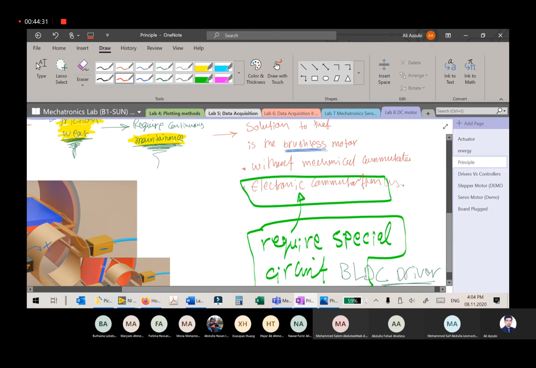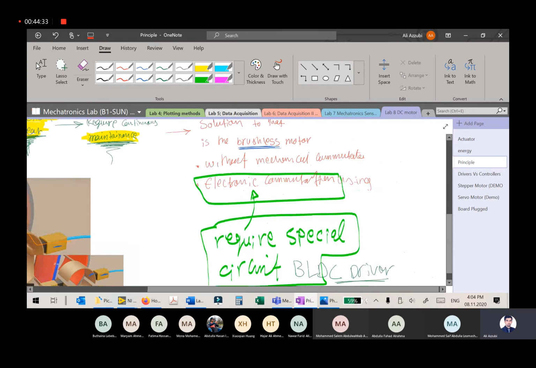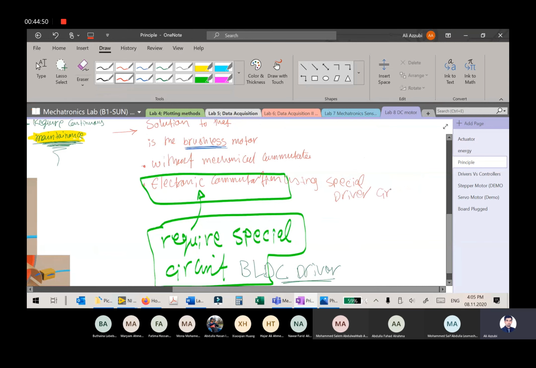Using special driver circuits. My writing is not the best in the world, so I have to go slow. So this is this.